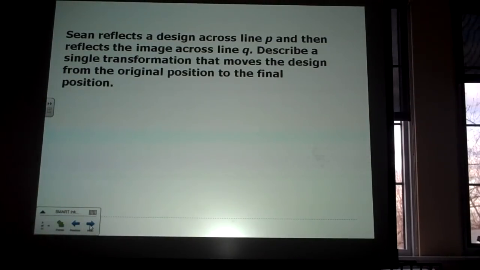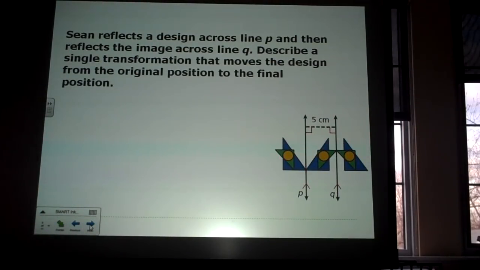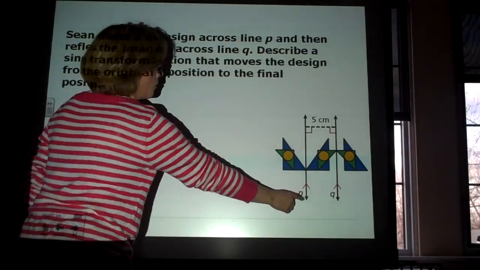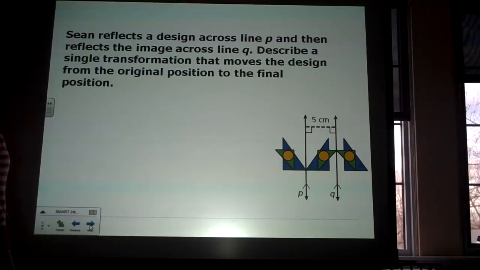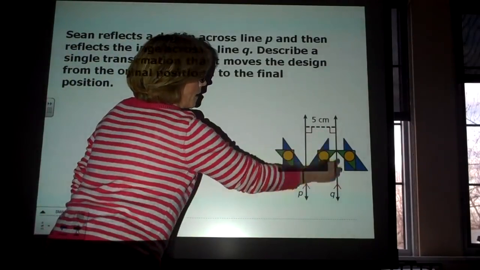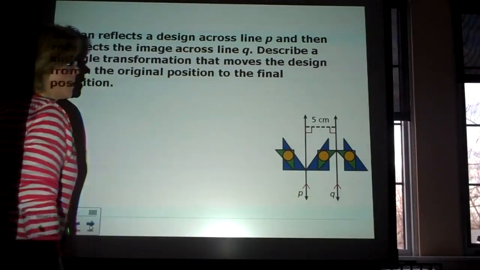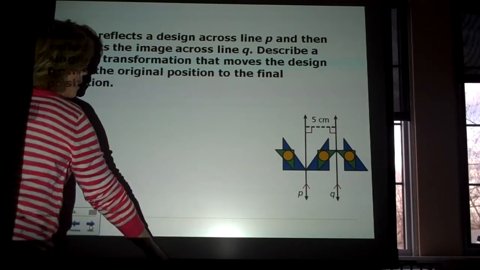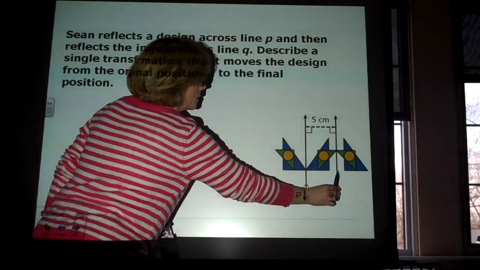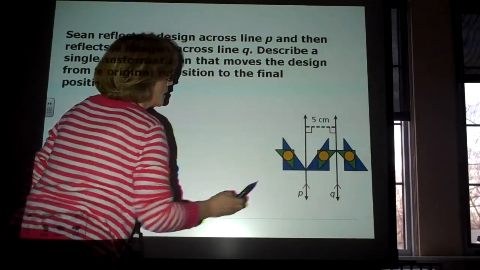Okay, so Sean reflects a design across line P. Here's your design. He reflects it across line P. Then he reflects the image across line Q. Here's line Q. So there's your final image. Okay? Describe a single transformation. You have two parallel lines. You reflected once, reflected a second.